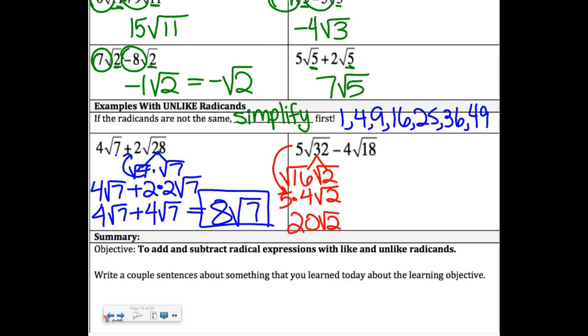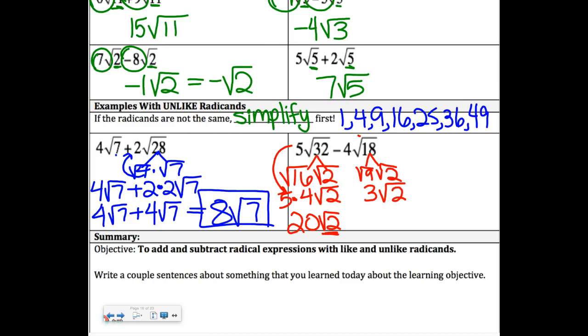Now I want everyone to look at this. We see we have a square root of 2 on this one, so that probably means square root of 2 is going to be in this one as well. So 18, we can split that between the square root of 9 and the square root of 2. So as you can see there, we're getting a 2 there, which will help us for later. The square root of 9, that's going to turn into 3. We don't know the square root of 2, so that's going to stay in the square root.